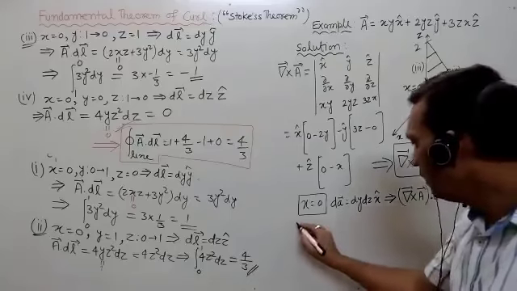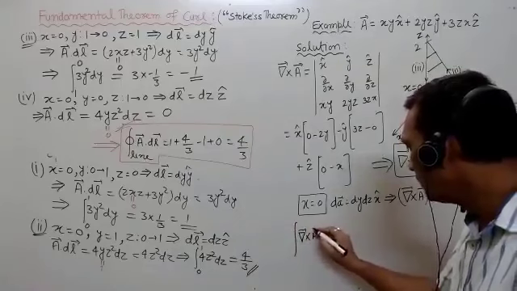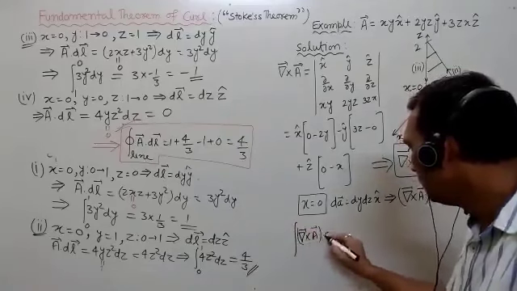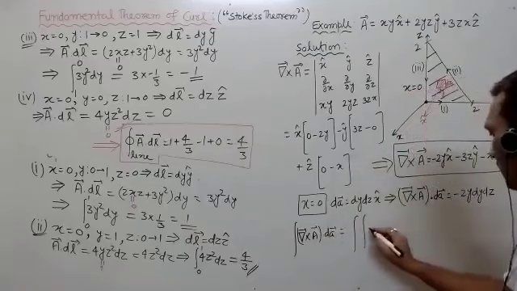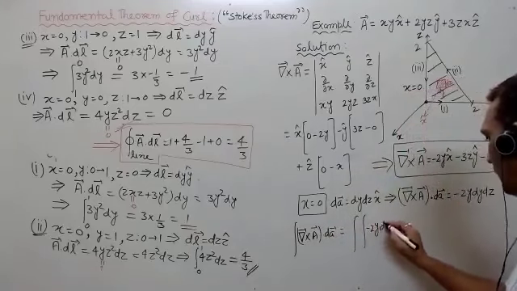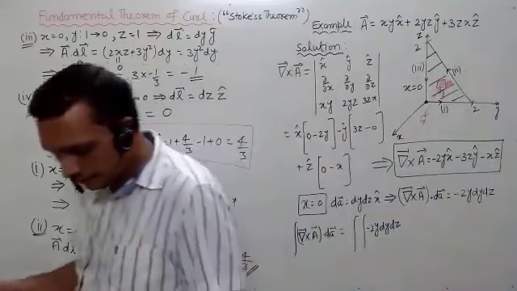So what will be the integral of del cross A dot dA? What will be the limits? That will be the double integral of minus 2y dy dz. Now what will be the limits of y and z?